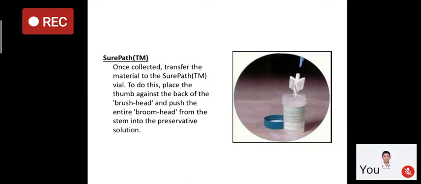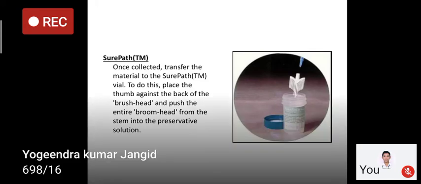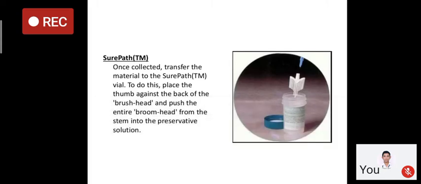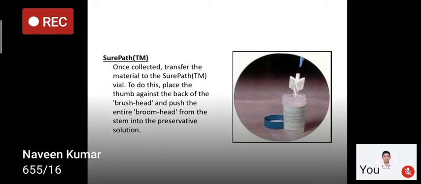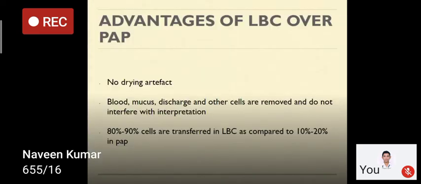To do this, place the thumb against the back of the brush head and push the entire broom head from the stem into the preservative. This is what we do in the OPD. For SurePath, we break the anterior portion of the broom from the stick and put it in the vial. The whole plastic thing goes inside with the cells, and then the solution will have cells of the cervix.